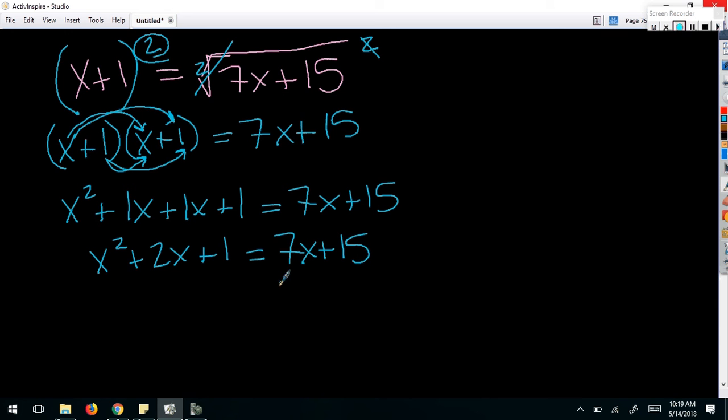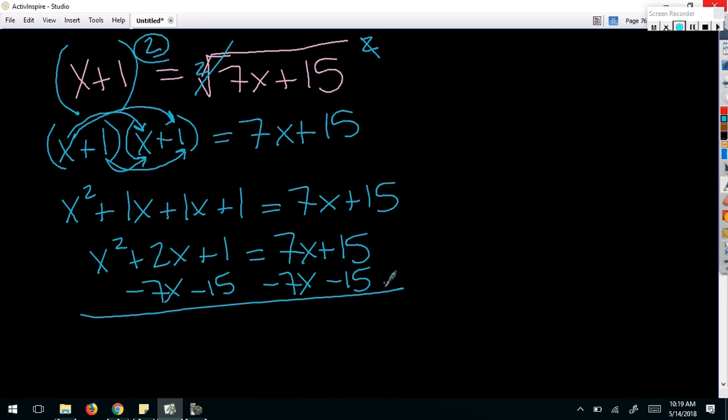I'm going to move the 7x and the 15, because I want to make this side equal 0, so that I have x squared minus 5x minus 15.